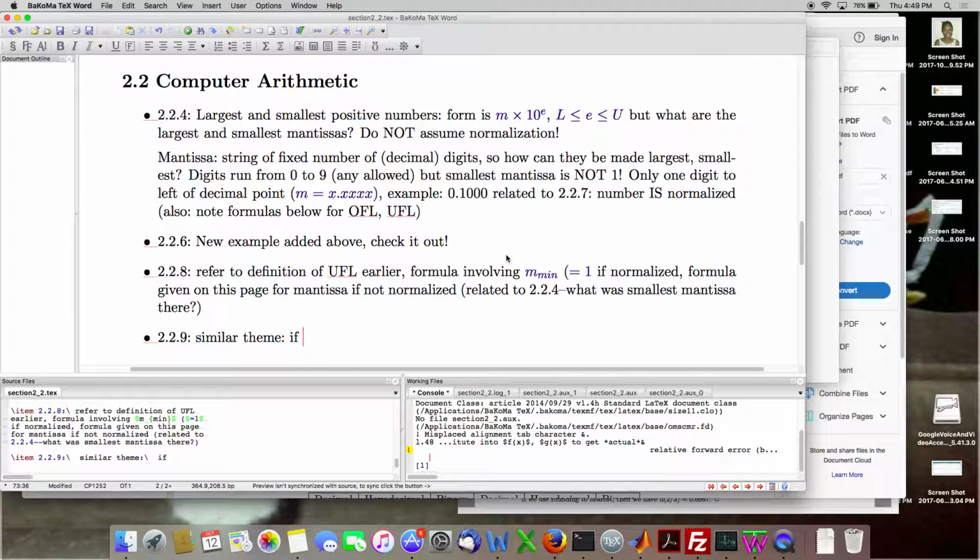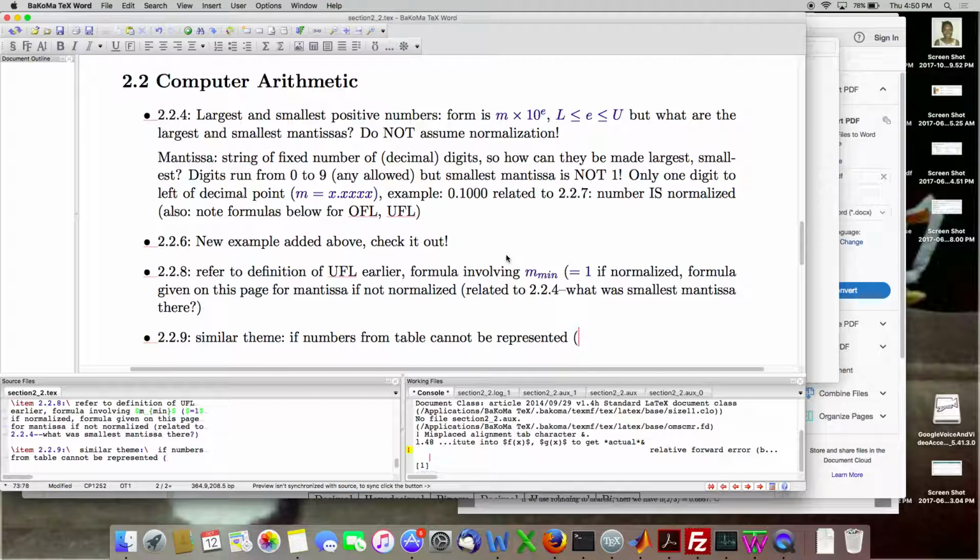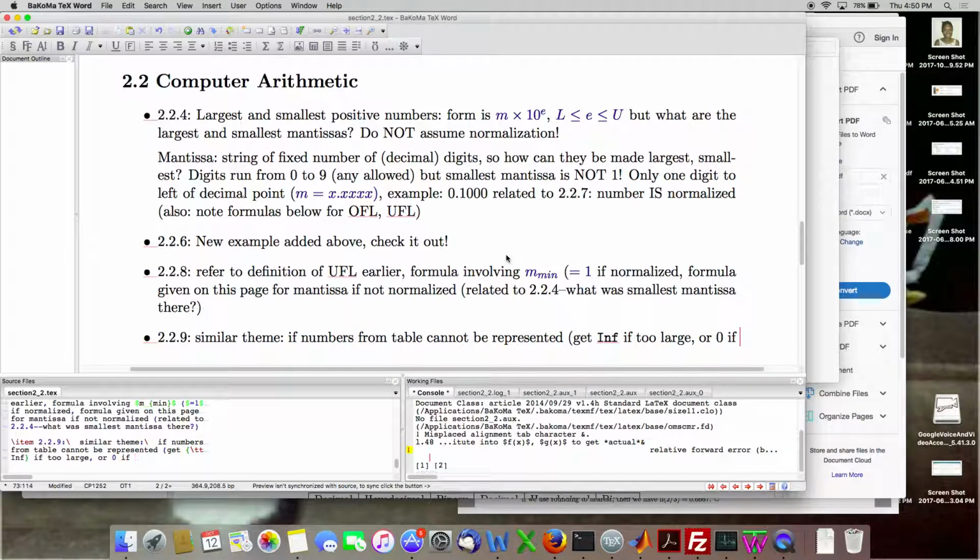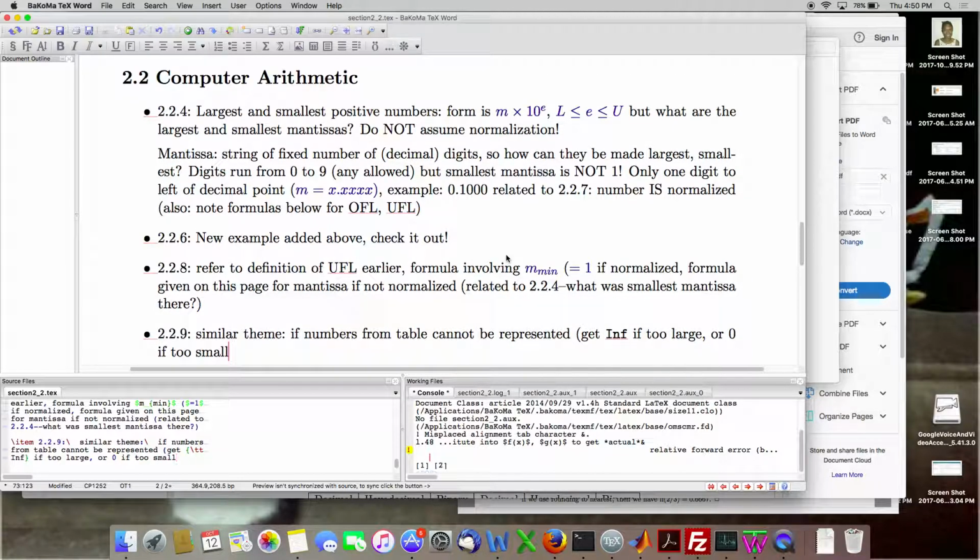So if numbers from a table cannot be represented, instead you get inf if it's too large, or you get 0 if it's too small.